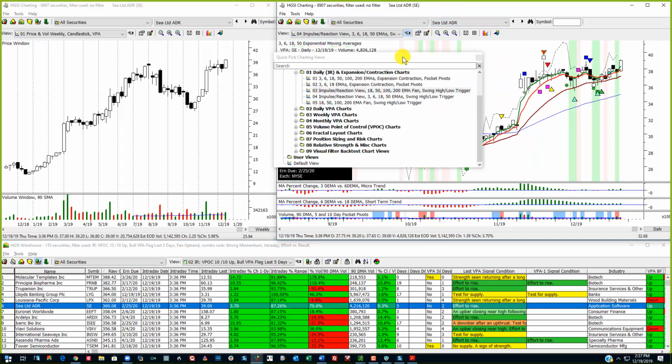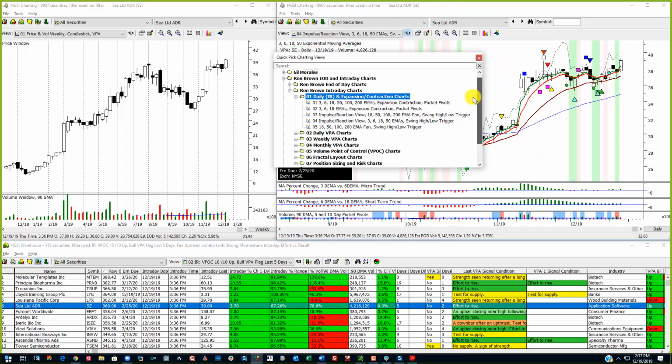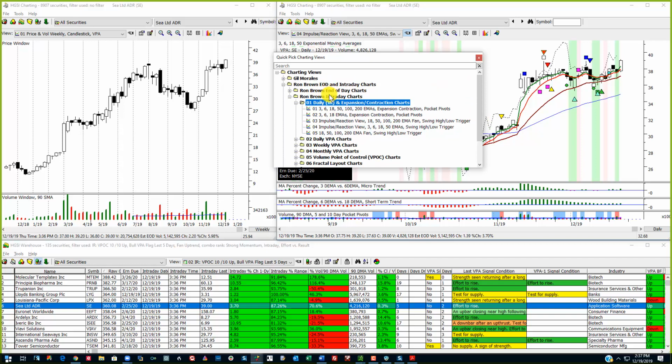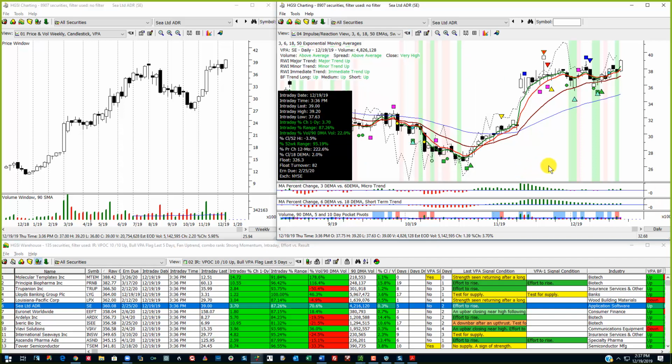And these charts you will find under the intraday and end of day expansion contraction charts. And I call them that because that's what they are. You can see that this is a stock that's really been in contraction.